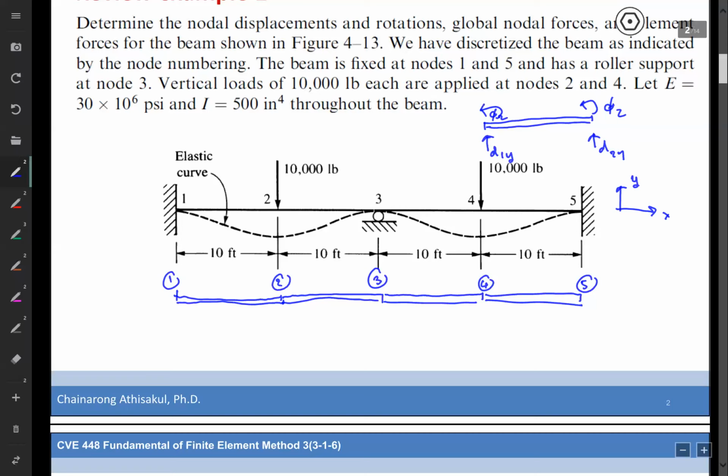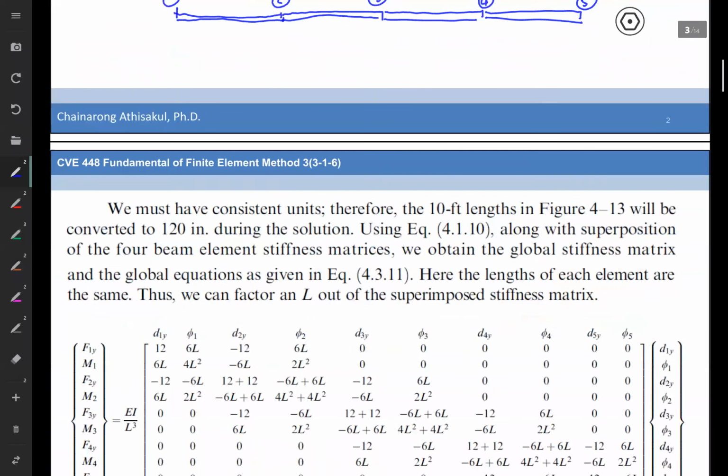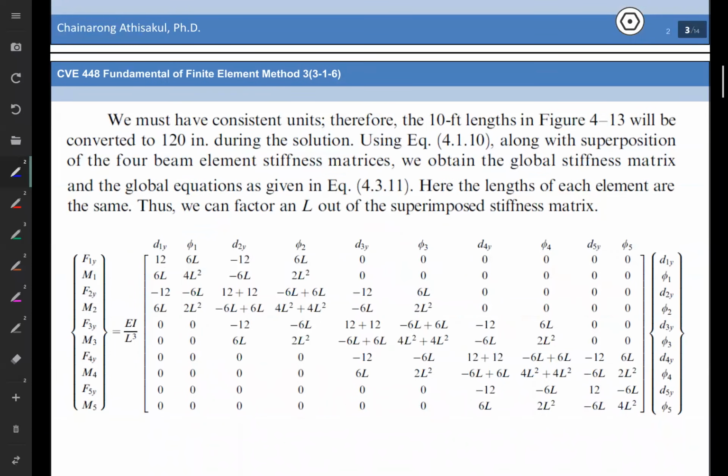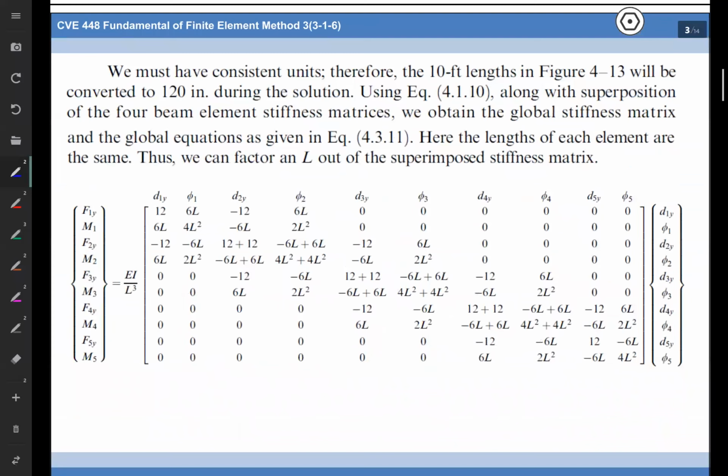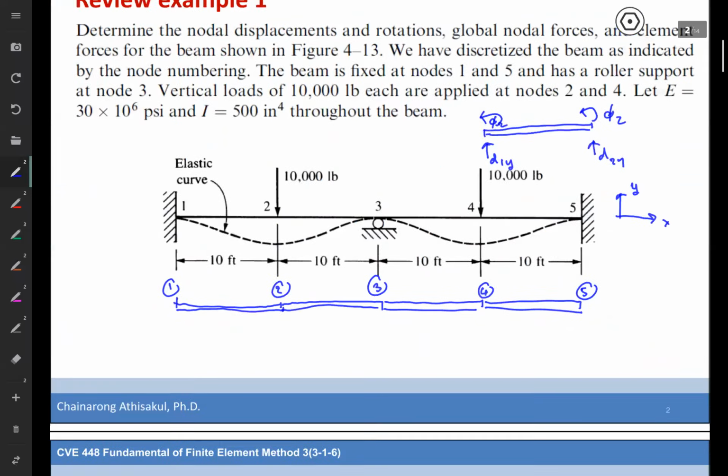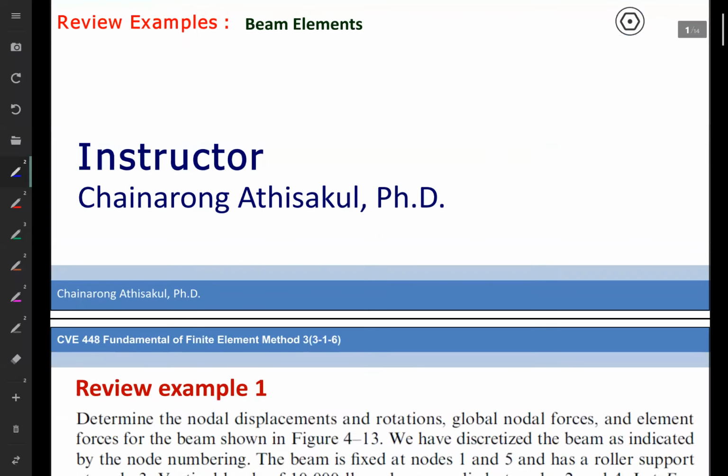Okay, so according to the beam element stiffness matrix, let's review a little bit. For the beam element, what is the stiffness k equal to?